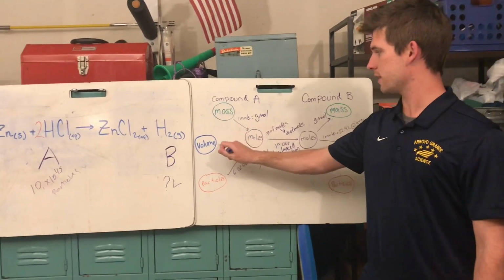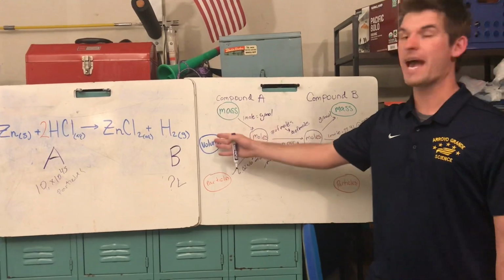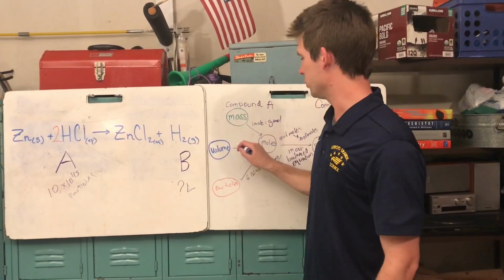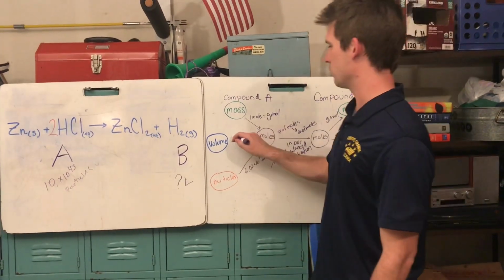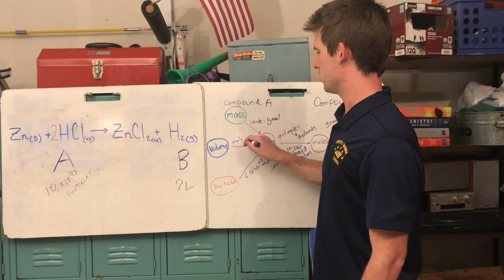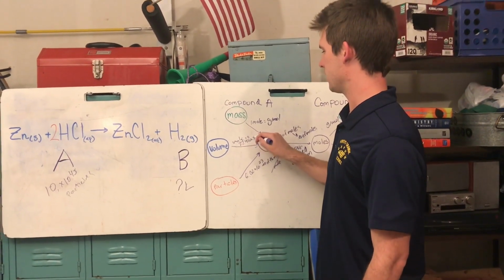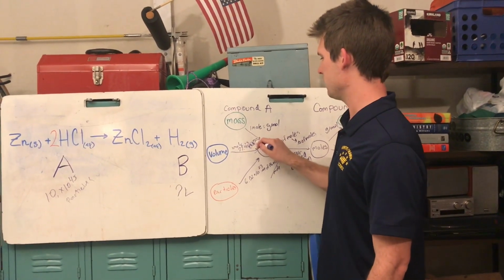And then the same thing goes over here. If we had some type of gas as a reactant, we would use the same conversion here, where 1 mole is 22.4 liters at STP.